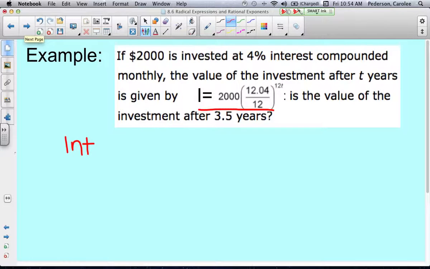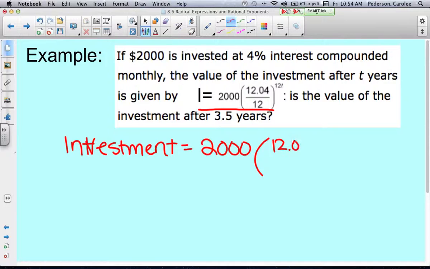If you have $2,000 invested at 4% interest compounded monthly, the value of the investment after t years is given by the investment equaling 2,000, which is your initial investment, times the fraction 1 plus 0.04 divided by 12, raised to the 12t. And they say, what will you have after 3.5 years?